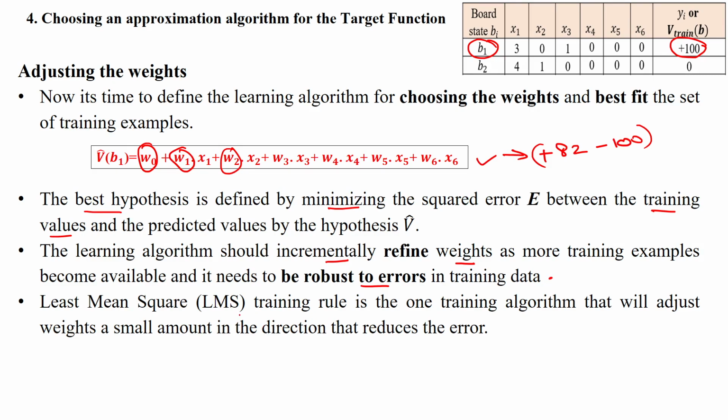For that we can use the least mean square algorithm. That is used to adjust the weights, that means updating the weights a small amount in the direction to reduce the error between this predicted output and the training, I mean actual output.